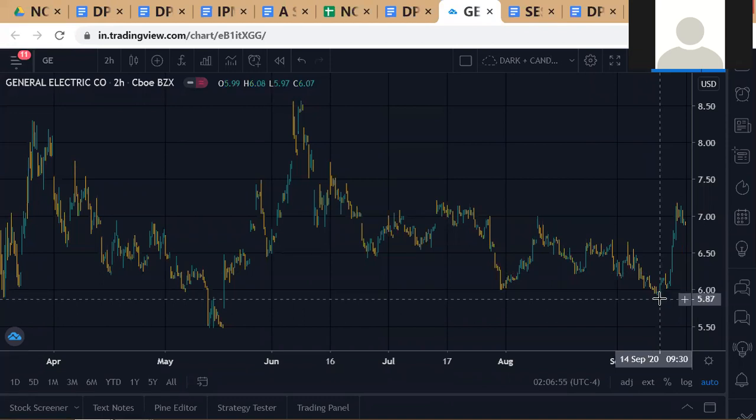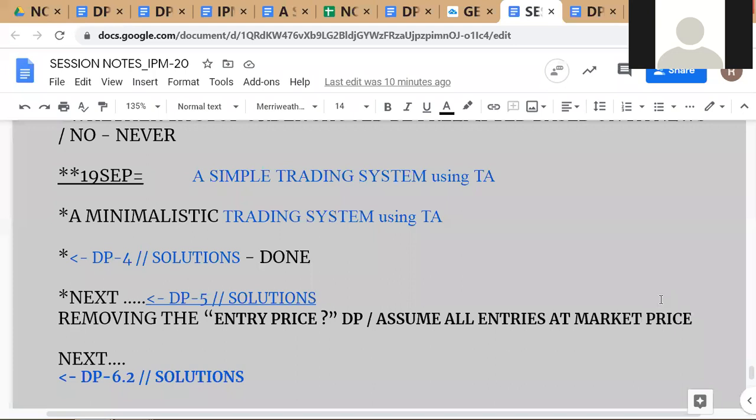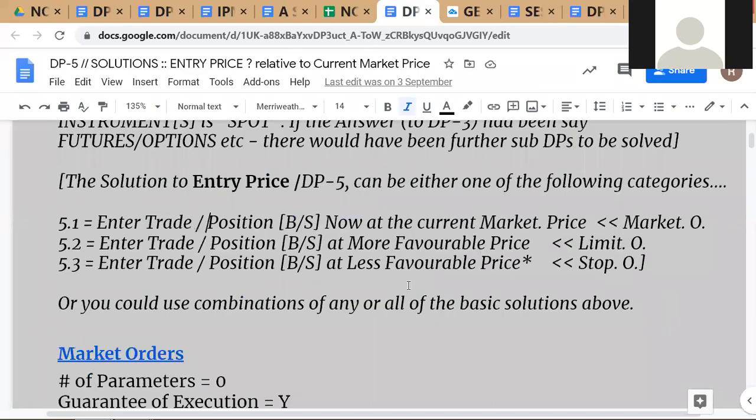Stop orders are either sell stop or buy stop. Because we're not discussing DP5 in detail, although we are already spending a lot of time on it, okay? So maybe I should put a lot of asterisks here.